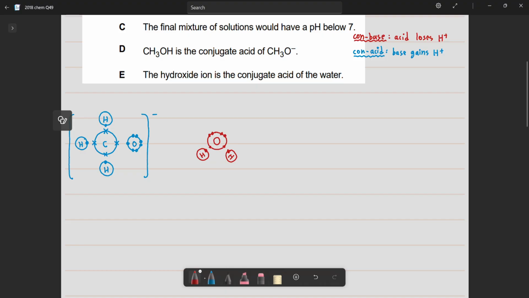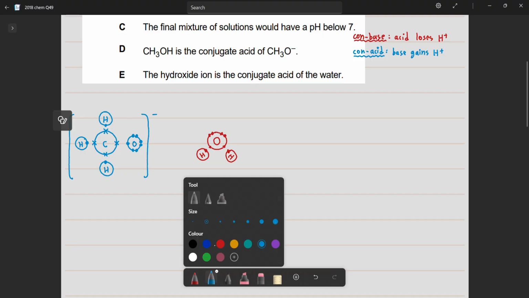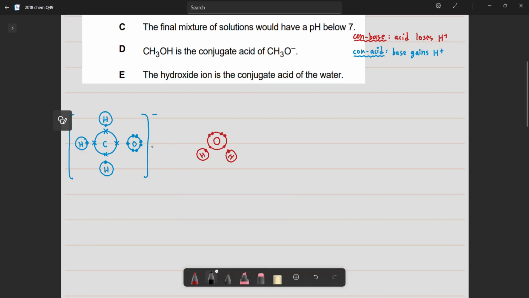Now we can identify that the pair of electrons on the oxygen atom of the methoxide ion is donated to this hydrogen to form a bond.